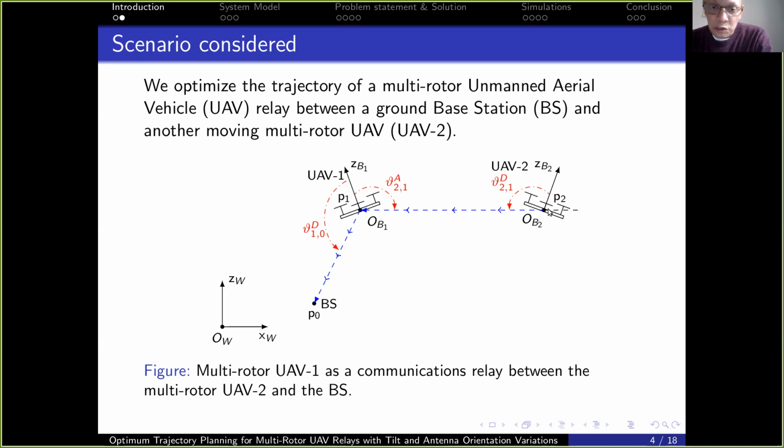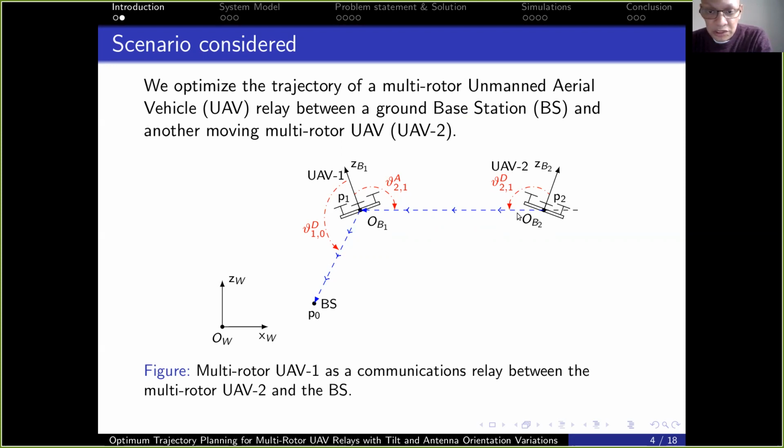Now, we consider that direct communication is not possible, maybe because of the distance between both nodes or some other considerations. So we introduce a second UAV called UAV1, which will act as a communication relay between UAV2 and the base station. So we have the link UAV2, UAV1, UAV1, base station.